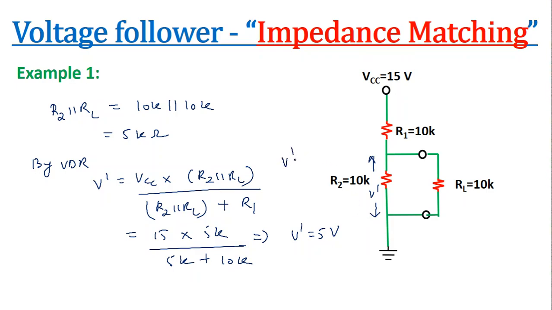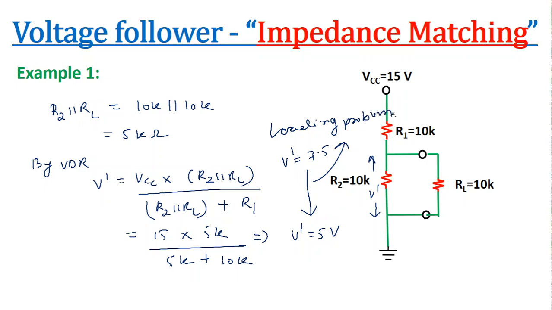Previously we got 7.5 volt across R2, and now that we have connected RL across R2, V dash drops from 7.5 volt to 5 volt. This is called the loading problem because there is a loss of voltage here.